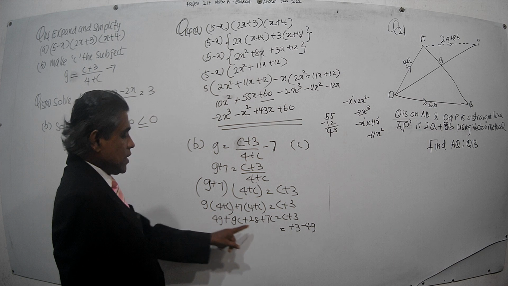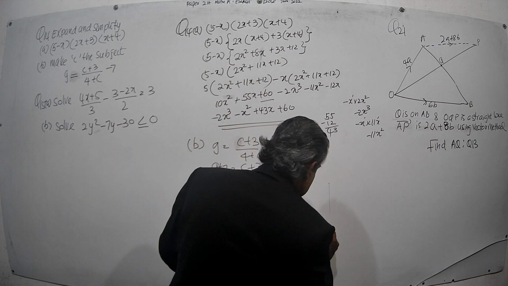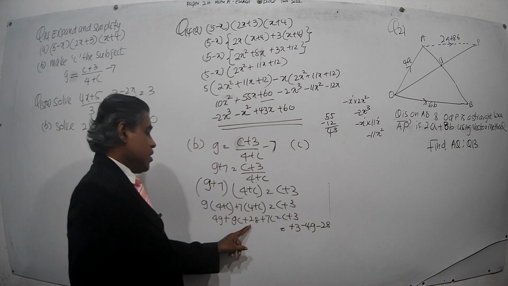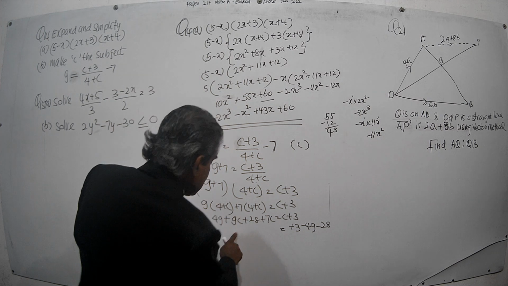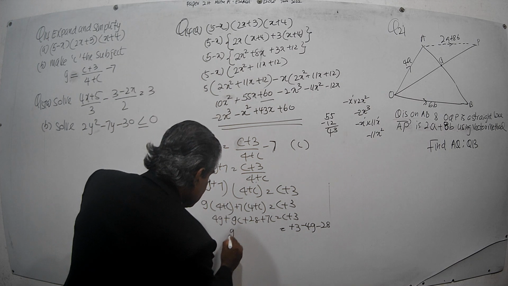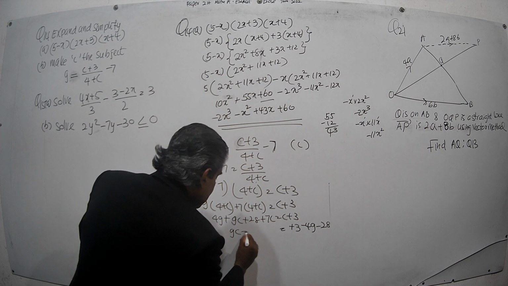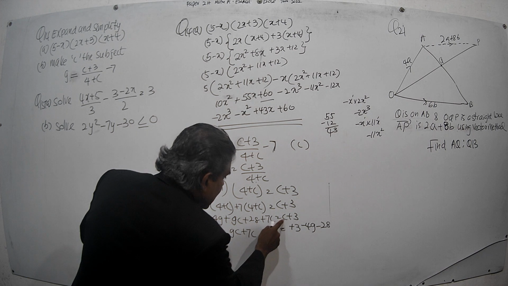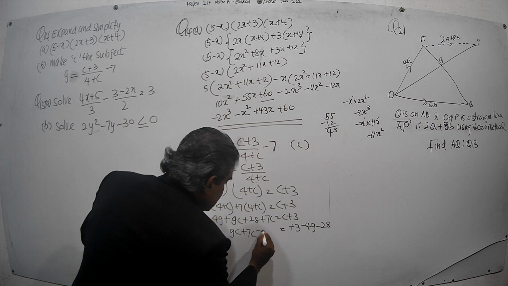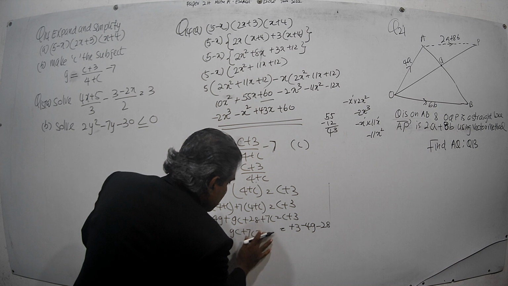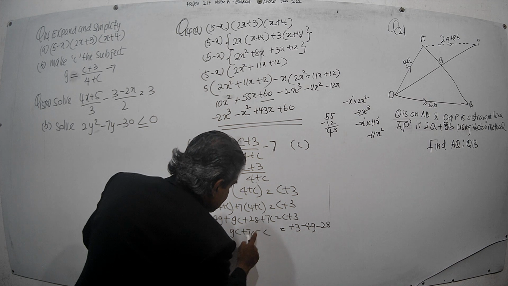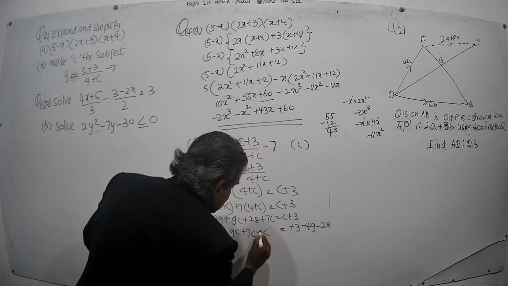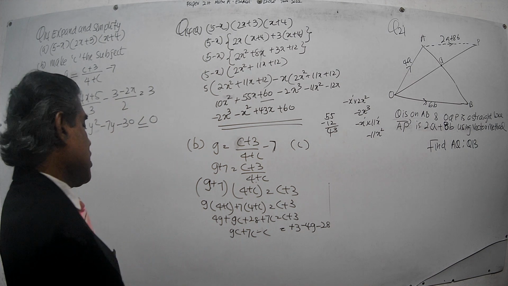Then take this 28 to that side, then minus 28. Then you write here the C terms: GC is here, and this plus 7C is here, and you take this C also of this side, then minus C, plus will become minus. Okay, right.